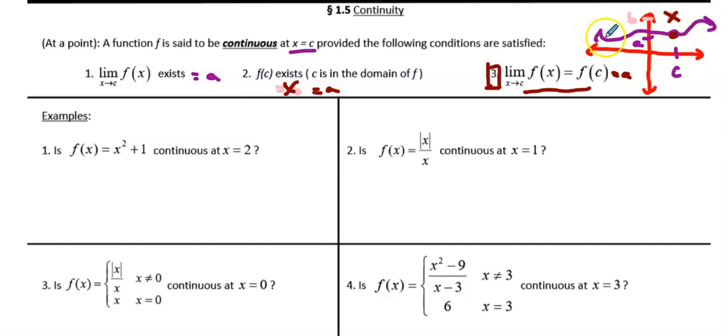Let's just be honest about this. Continuity in layman's terms is you start on a graph and then you start tracing it. If you can trace it completely without picking up your pencil or your hand, then it's continuous over all the values that you're able to do that. We're going to talk about in this video types of discontinuity. The one that I was demonstrating for you guys here is called removable discontinuity, where these 2 things do exist, but they're not equal to each other.